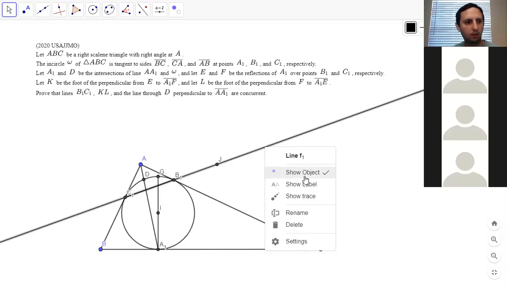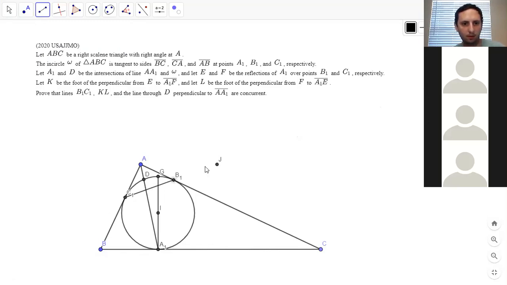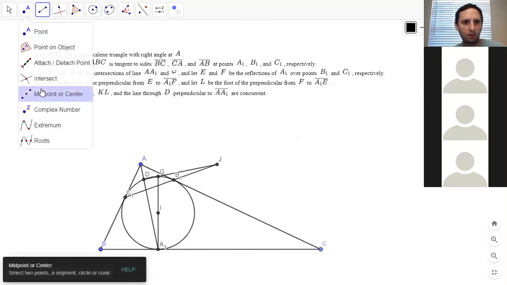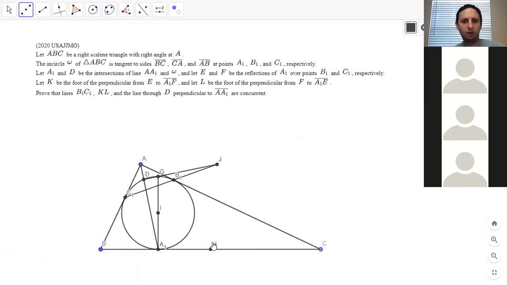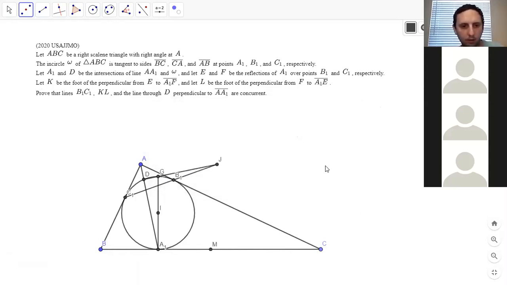Okay. Yeah, this looks familiar. So if we just call this M, so what are we projecting onto? So we want to show, can you draw AM?